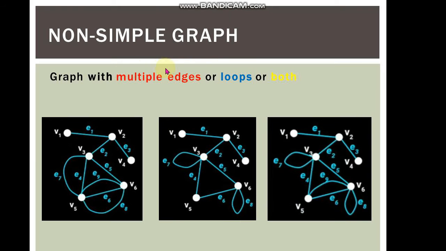A graph with multiple edges or loops or both. So the first graph has multiple edges, the second graph has loops, and graph 3 has both.